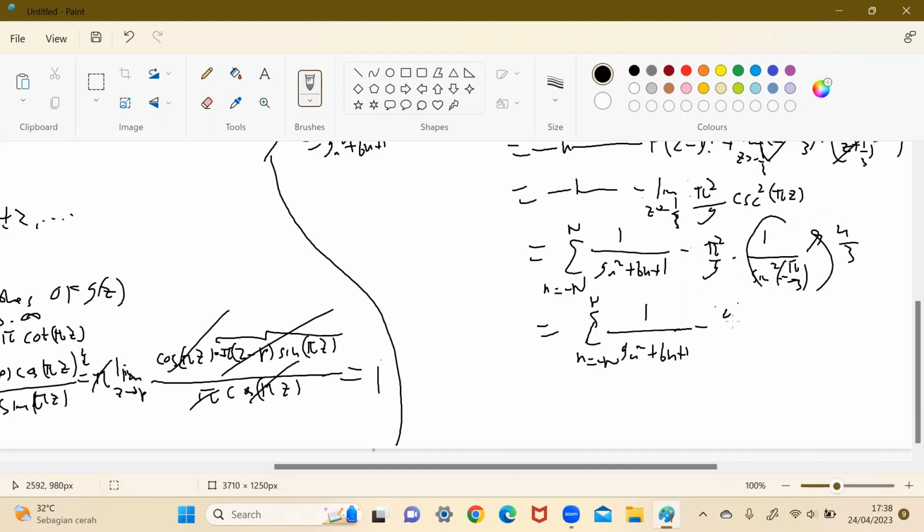So you have it for pi squared over 27. Okay, and then don't forget about the left-hand side.